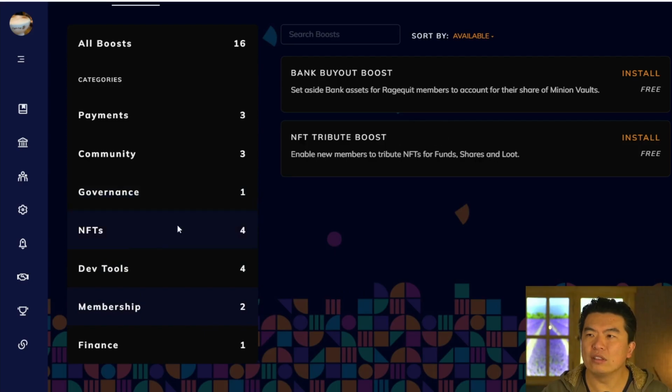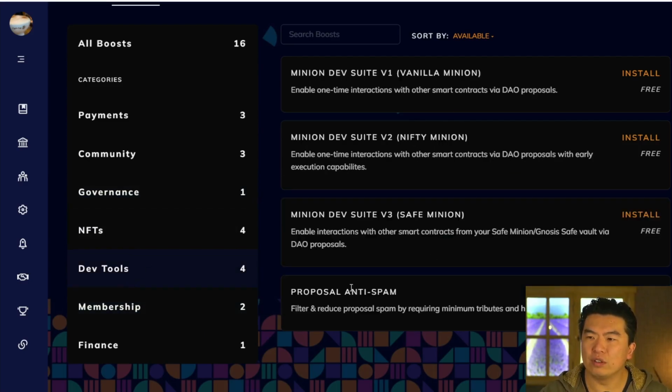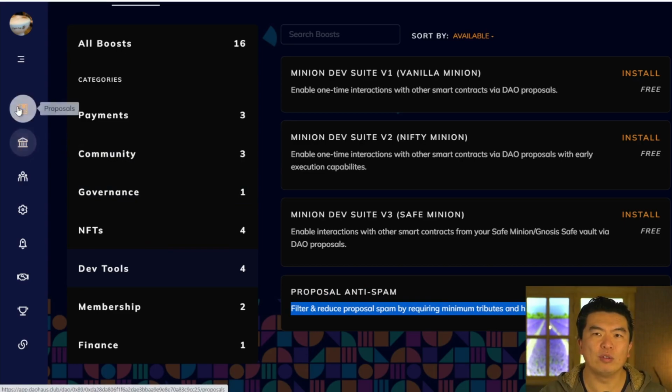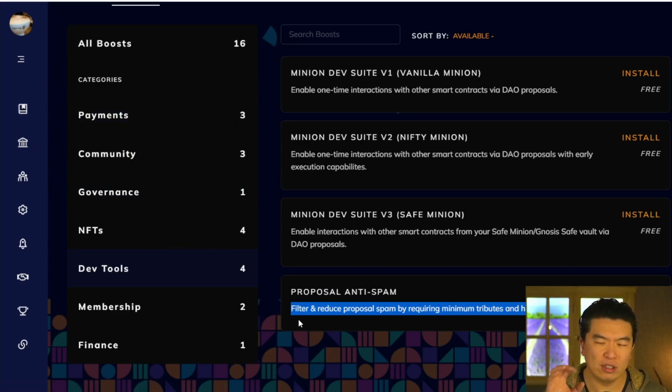And the second one is, as I said before, this one, the anti-spam bot or extension. If you install this, then you can basically set up the proposals so that everyone who is making a proposal, I'm not talking about the sponsoring, but actually making, clicking the proposal button and putting the stuff into the fields, has to put down a minimum amount of money, right?